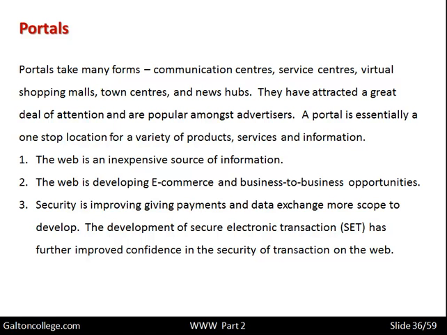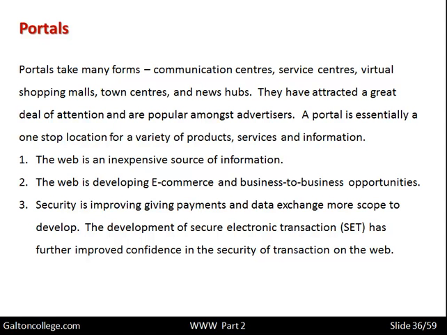And also security is improving. So we tend to have more confidence in the use of the internet for payment purposes. The development of secure electronic transactions, SET, has improved confidence and security in the web. But there are all sorts of security measures that companies take in order to facilitate purchasing online.